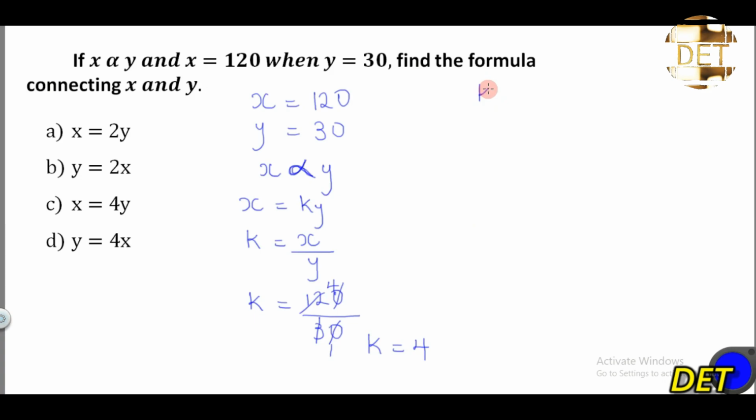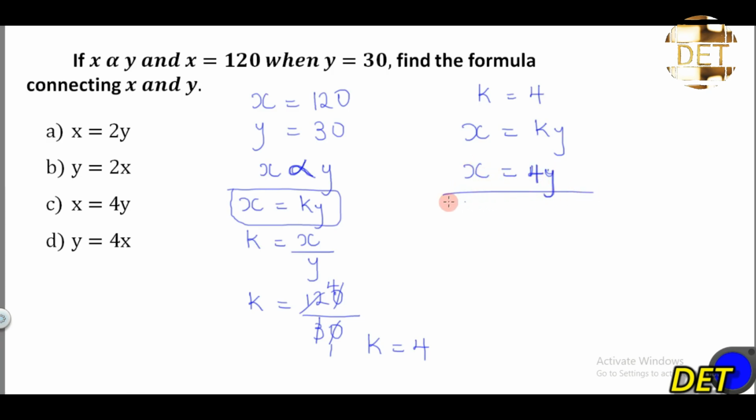So if K is equal to 4, and from this point I have X is equal to KY, instead of writing K, I will put the value there, which is 4. So X will be equal to 4Y.